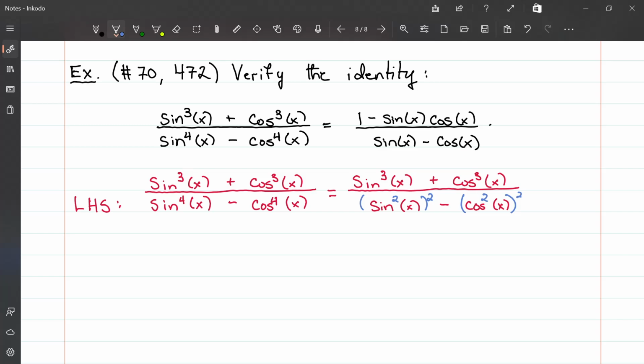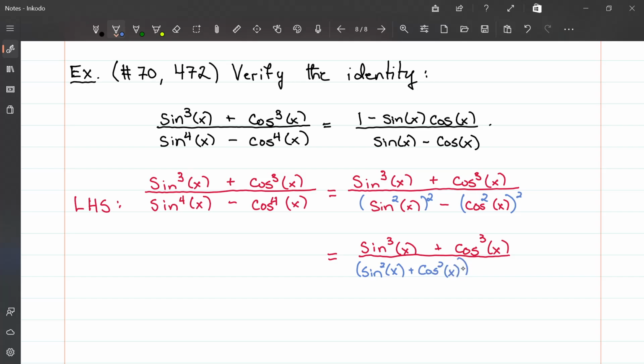Since we've rewritten both sine to the 4th and cosine to the 4th in this way, we are now able to use the difference of squares again, and so we can write it out a little bit differently. By the difference of squares, we should be able to now write the denominator as the first term squared plus the second term squared.